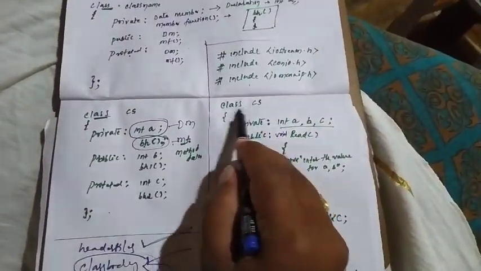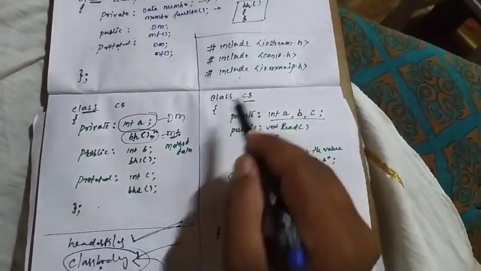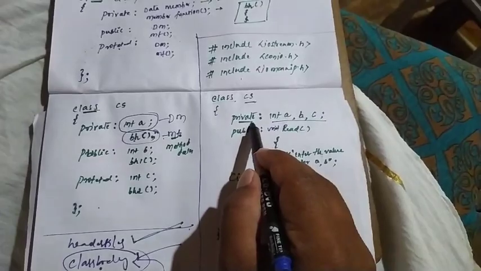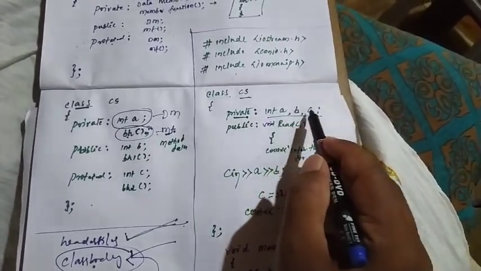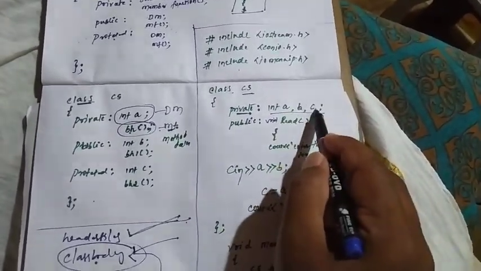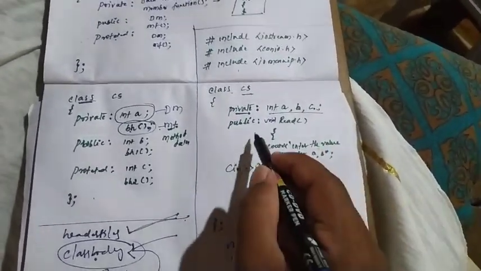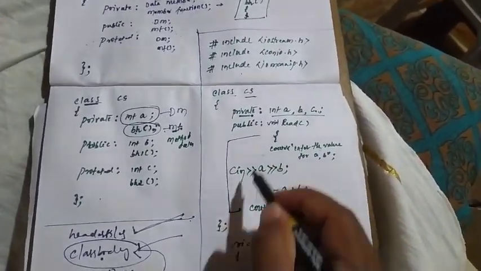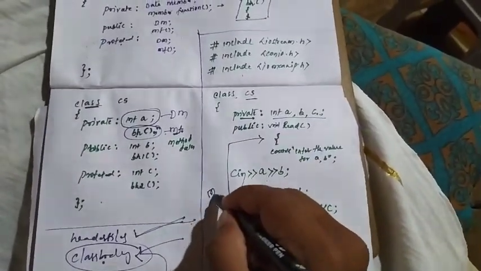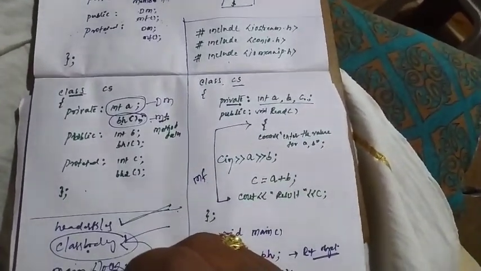This is the keyword, this is the name of the class, and this is the private access specifier. There are three data members I have declared: a, b, c. Using these a, b, c only I have performed some task up to here, right? This body indicates a member function. What is meant by member function?